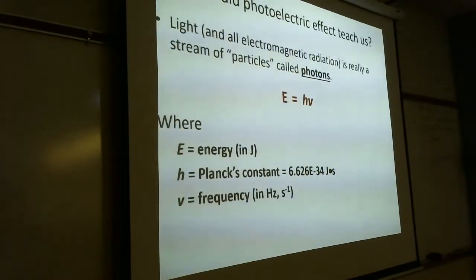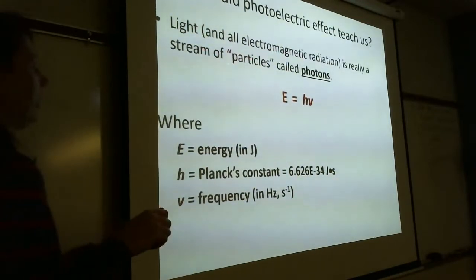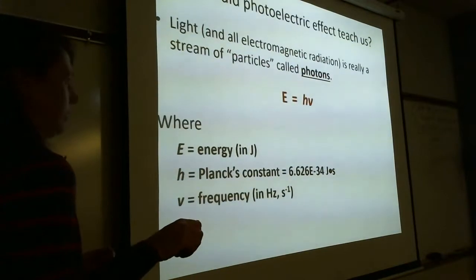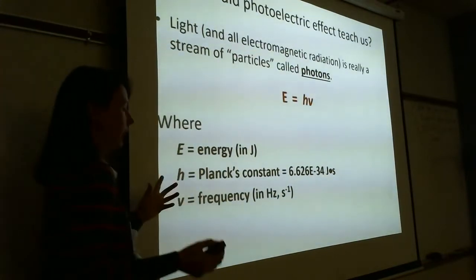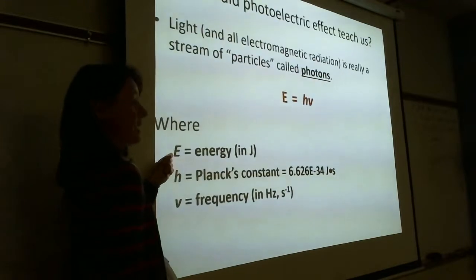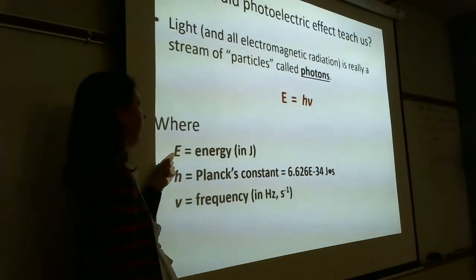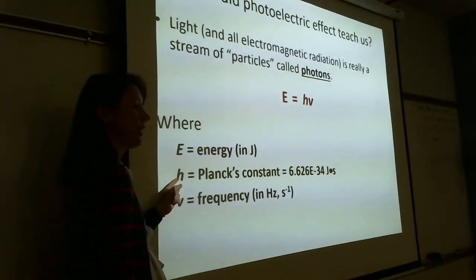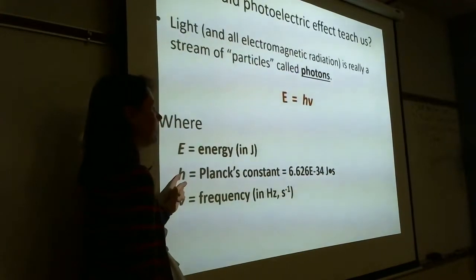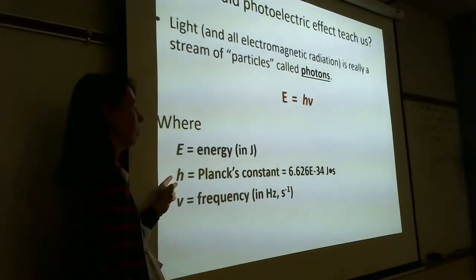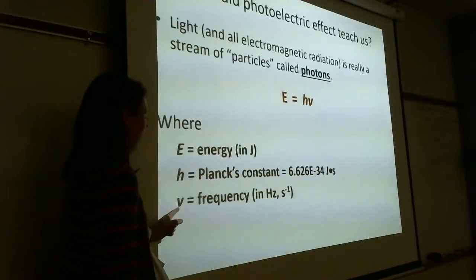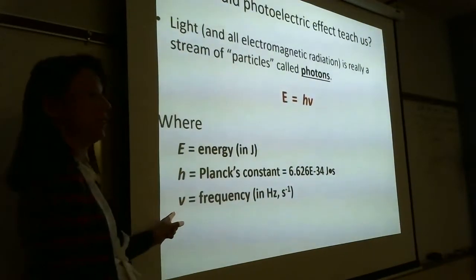So what does it teach us? It teaches us that light, which is part of the electromagnetic spectrum, so in other words, light and all electromagnetic radiation, is a stream of particles, in quote marks, which we call photons. And the energy of a photon, E, which we represent as capital E, is equal to Planck's constant, which is 6.626 times 10 to the negative 34 joule seconds, times frequency, which is in hertz.